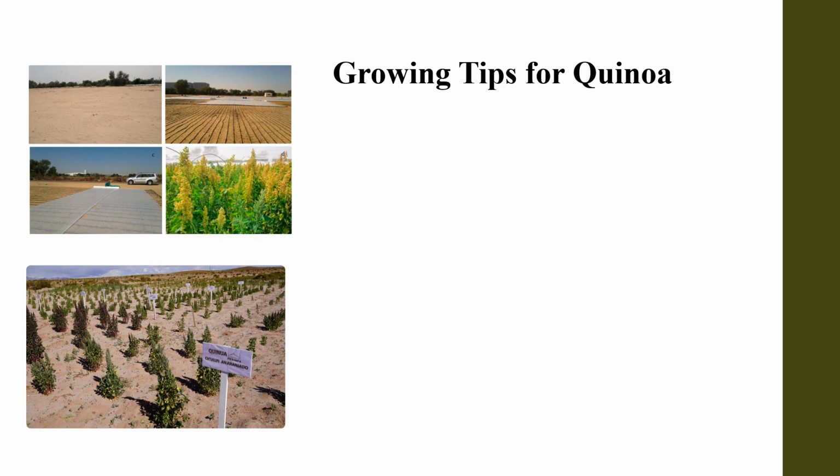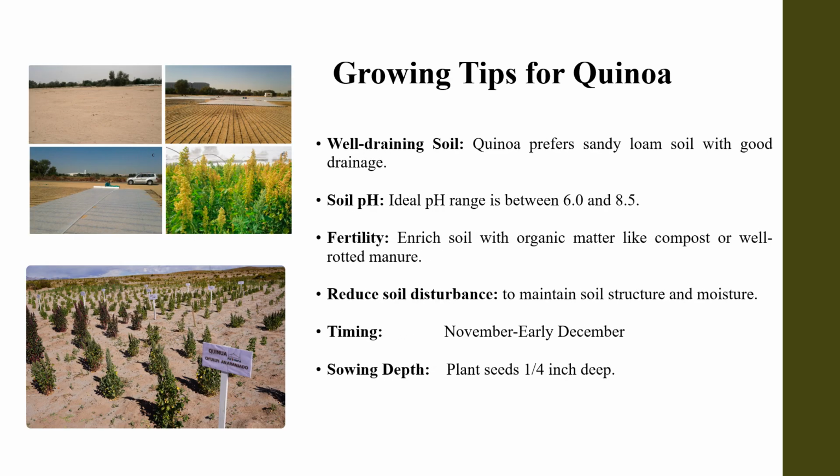Here are the growing tips of quinoa. Number one, well-drained soil should be preferred if you want to grow your quinoa crop. Number two, your pH should be maintained between 6.0 to 8.5.